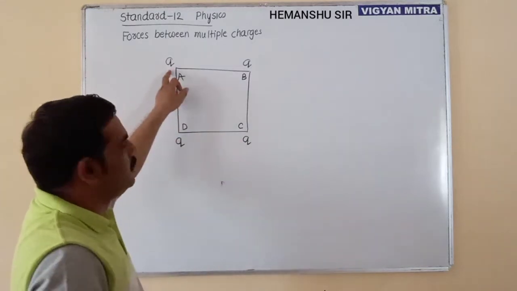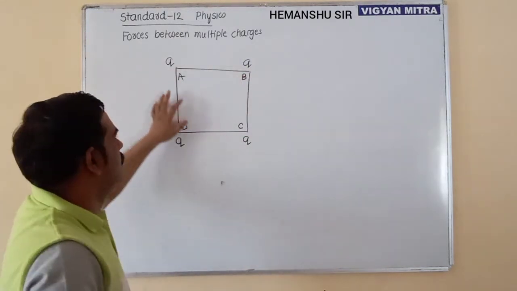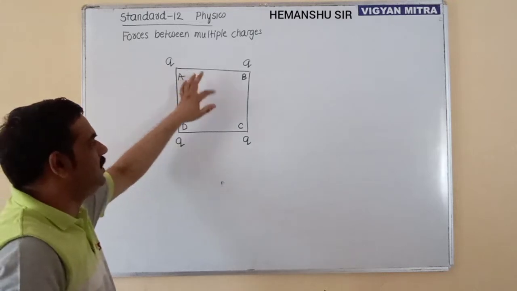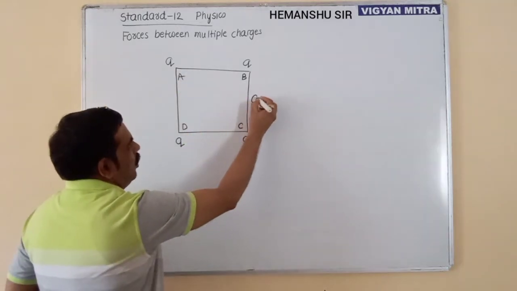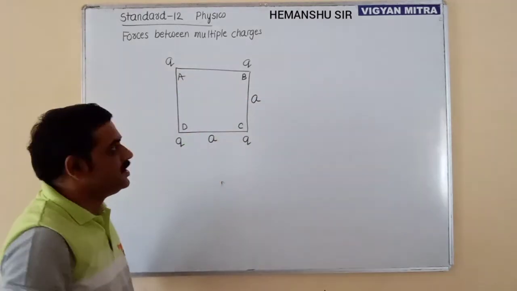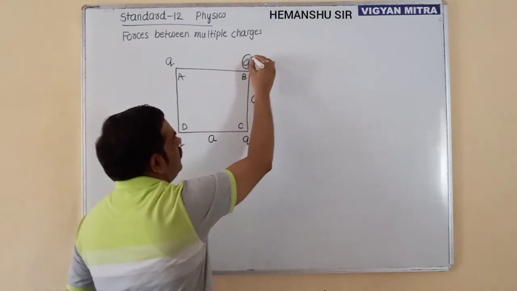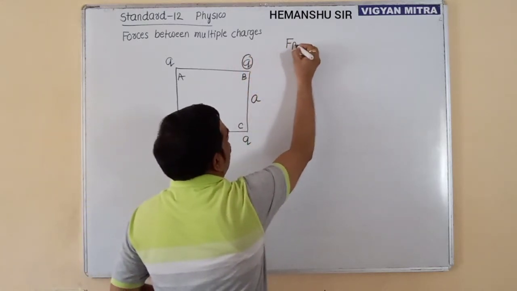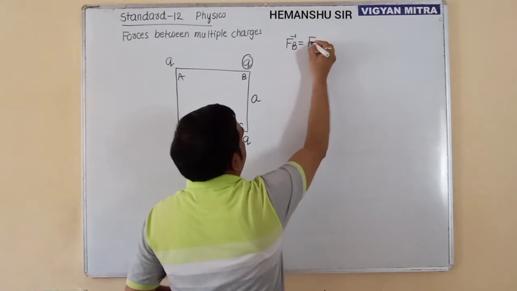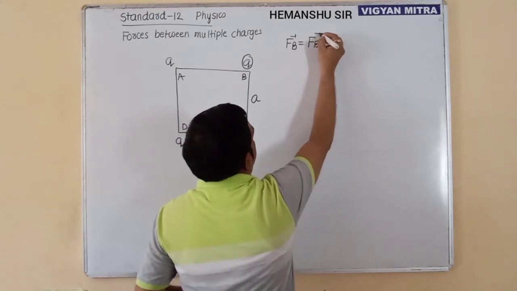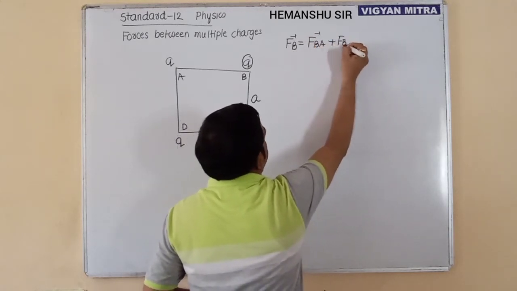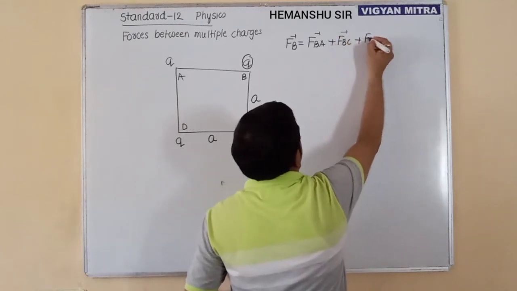Here 4 similar Q charges are kept on the corners of a square ABCD. The side of the square is a. Suppose we require the force on B. So the force on B is given by the equation FBA vector plus FBC vector plus FBD vector.